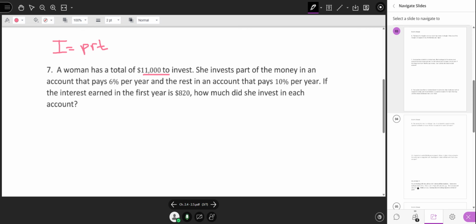She invests part of it in an account for 6% and part of it in another account for 10%. Oh crap. That means I got 2 accounts. That sucks. Oh, this is per year.